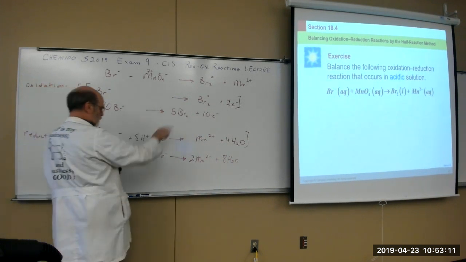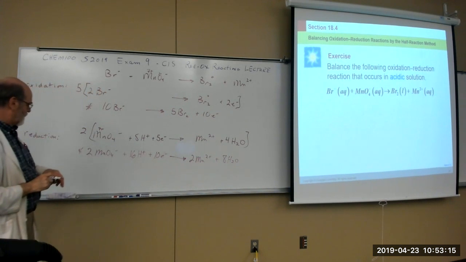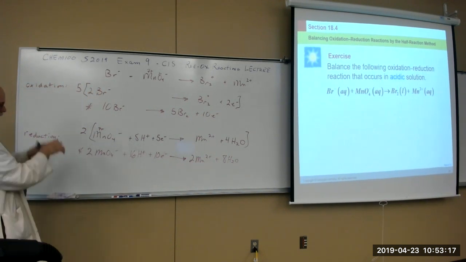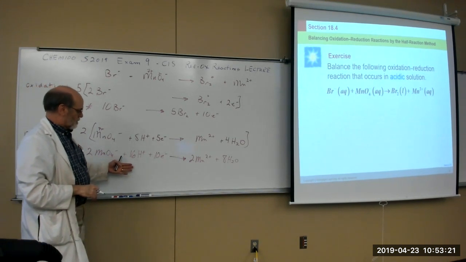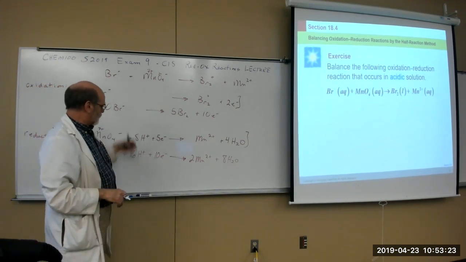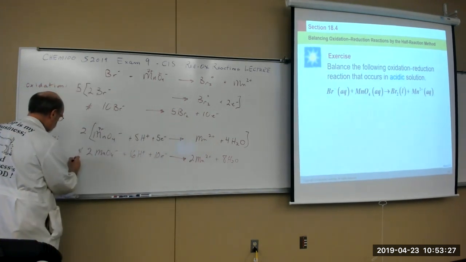Now, 10 electrons over there, 10 over here, cancel. And then we can add them together because there are no hydrogens up here to cancel. There are no waters up here to cancel. So now we just add them together.